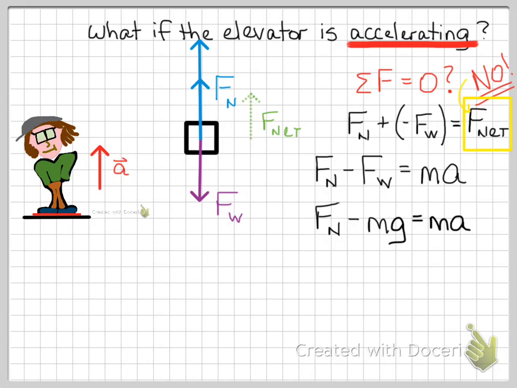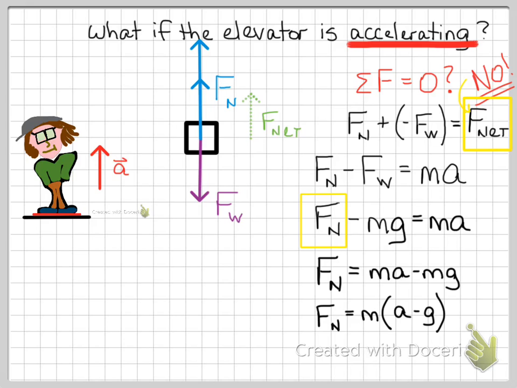I've simply substituted in mg for the weight force, so I've got normal force minus mg is equal to ma. Notice that the normal force is often what I'm solving for if I'm being asked what the scale would read, in this case if the man were being accelerated upwards. So I'm going to solve this equation for the normal force. I get ma plus mg, I can factor out an m, so the normal force is equal to mass times the sum of his acceleration and the acceleration due to gravity on Earth, small g.